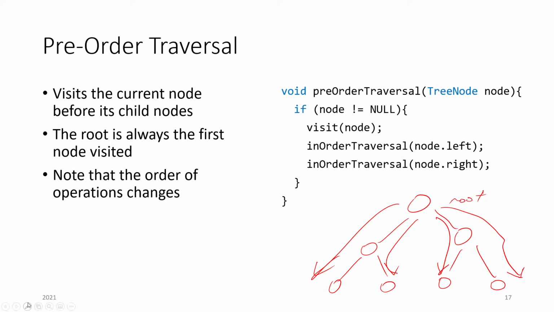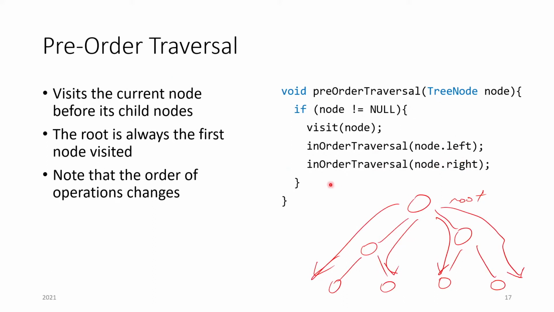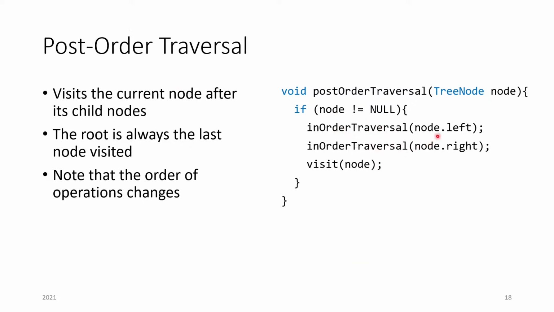As you can see here, the order of the operations just changes for pre-order traversal. We see visit, then node left, and then node right. Previously, with in-order, we had left, then visit, then right. Because the order of these operations just changes for each traversal, post-order will just be left, right, and then visit.